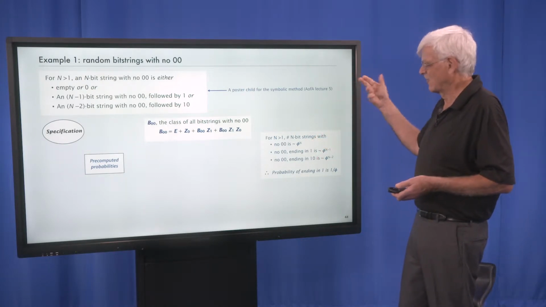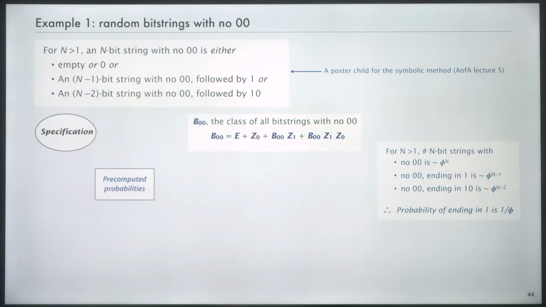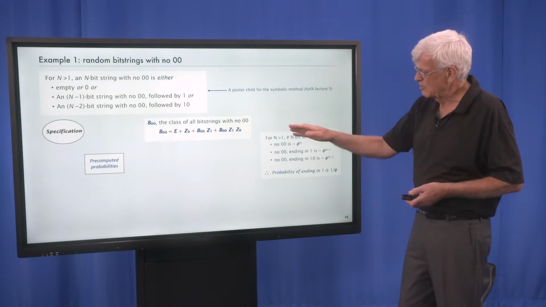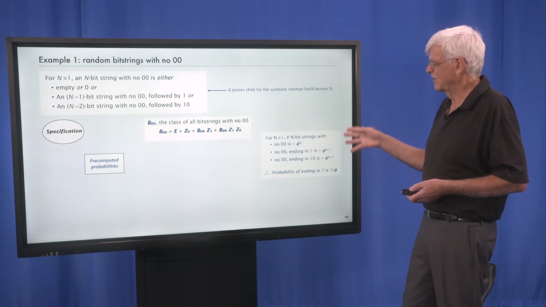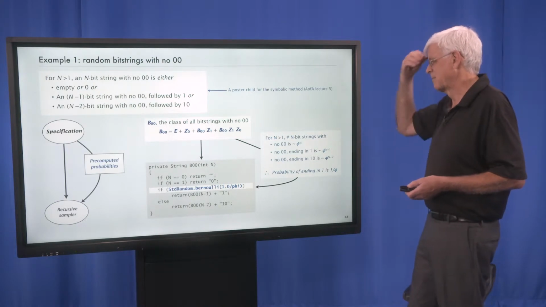The number of strings in the class is about phi to the n. The number of strings that end in 1 is about phi to the n minus 1, and the number ending in 1, 0 is about phi to the n minus 2. It's Fibonacci numbers. So therefore, the probability that it ends in 1 is 1 over phi. That's our pre-computed probability in this case, and it immediately leads to this recursive program.